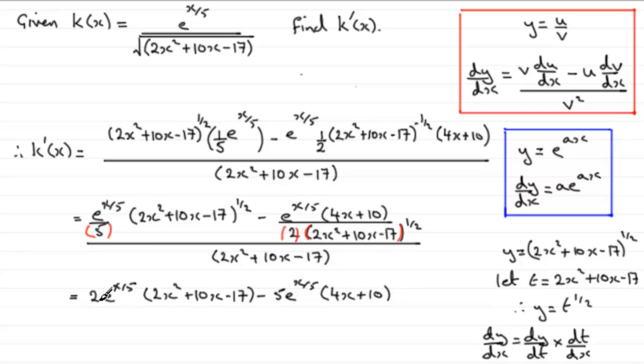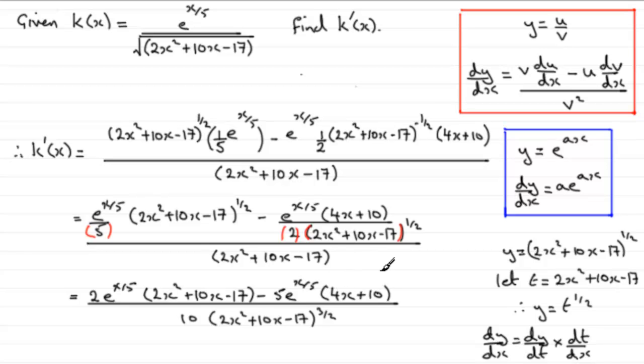And now all of this is divided by, and remember I'm multiplying top and bottom by 10 lots of 2x squared plus 10x minus 17 to the power half. So I'm going to get a 10, and then I'm going to get 2x squared plus 10x minus 17 to the power 1.5, or 3 over 2. Okay, so we've got that far now.